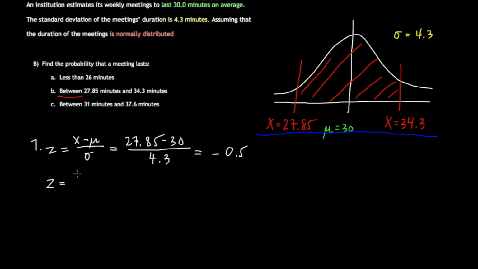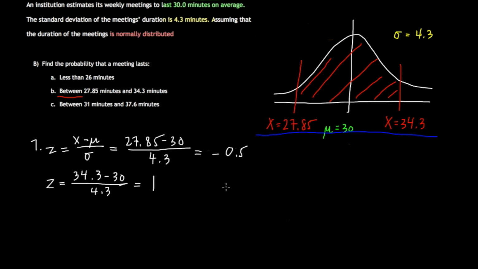Okay. So the second one, I'm not going to write the generic formula. I'm just going to go ahead and write my numbers since the generic formula is right above. So it's going to be 34.3 minus 30. So notice how it's going to give me a positive numerator divided by my standard deviation, 4.3, which hasn't changed. And this is going to give me a z-score of 1.